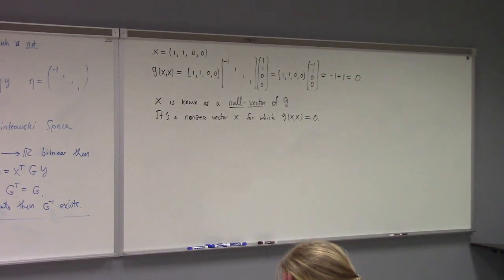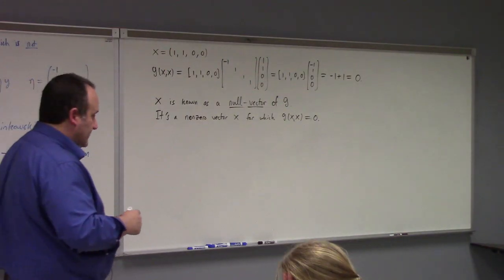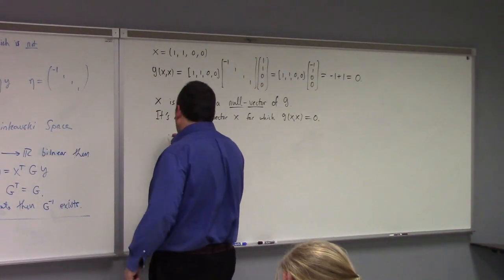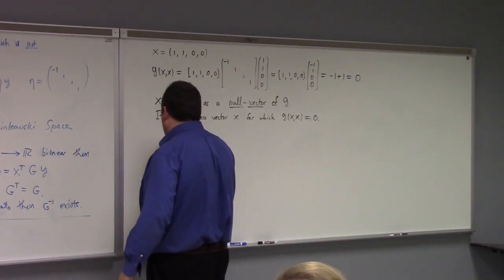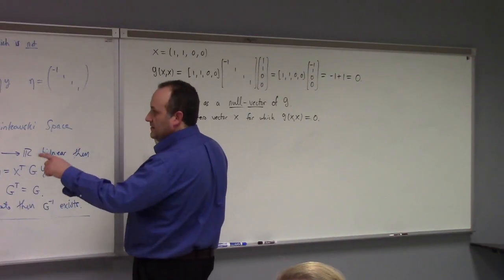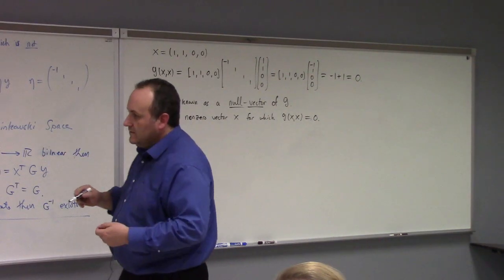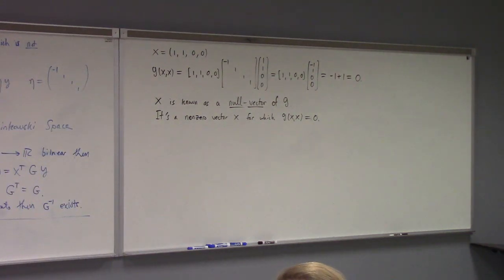How do you think we're going to prove 3? If G is non-degenerate, then G inverse exists. Well, in the particular context of Rn, I have what? So we have G of x comma y equal to 0 for all x, right?